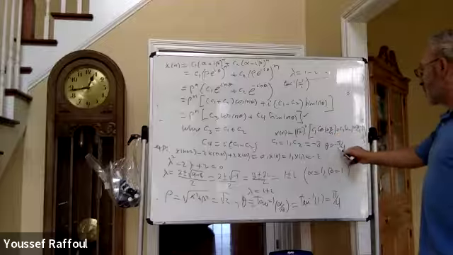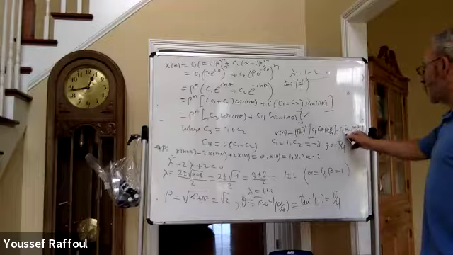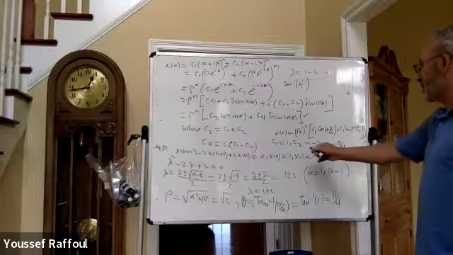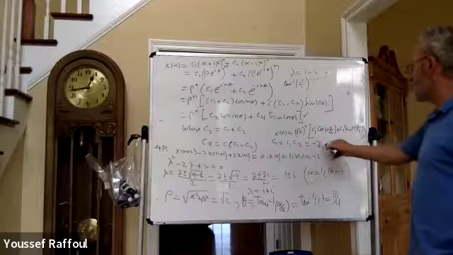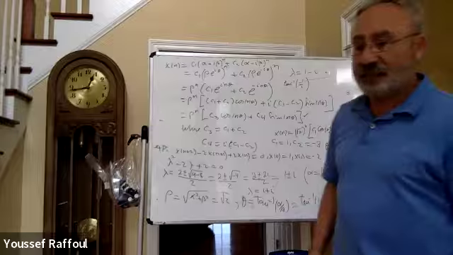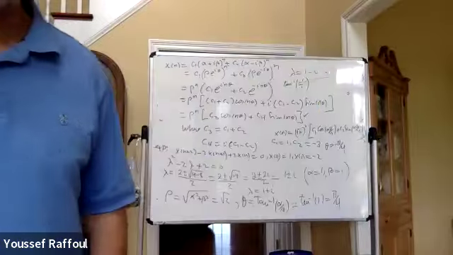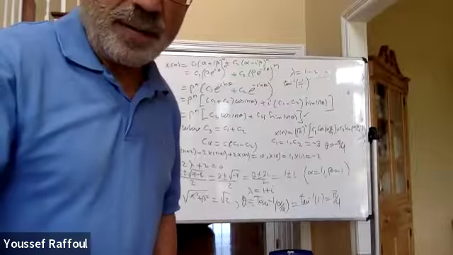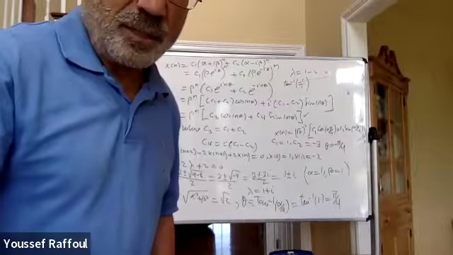Cosine of minus alpha is cosine alpha, but the sine term will have a minus sign, so C2 will be minus C2. Then C1 will be minus 1, C2 will be 3. So the solution will be the same. It doesn't really matter which one you take. All right? So I'm going to stop here, and I will pick it up next time.